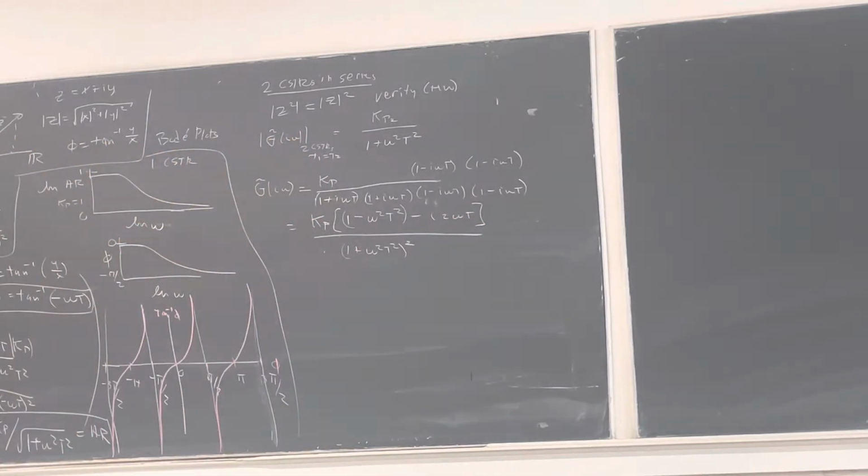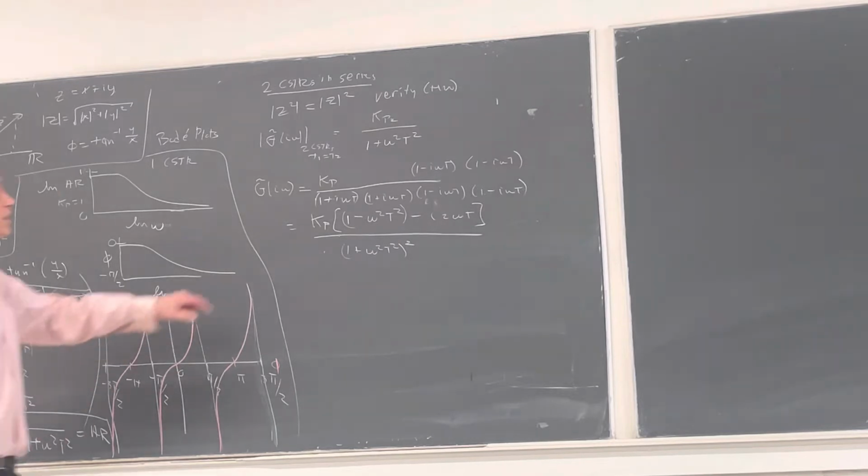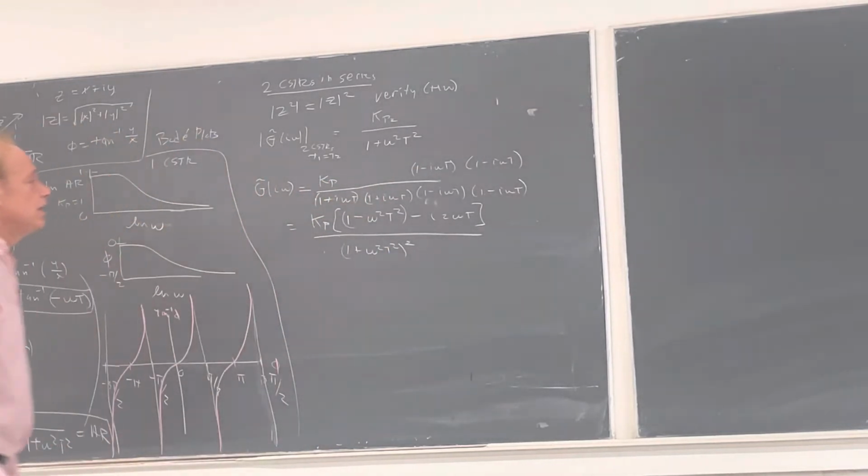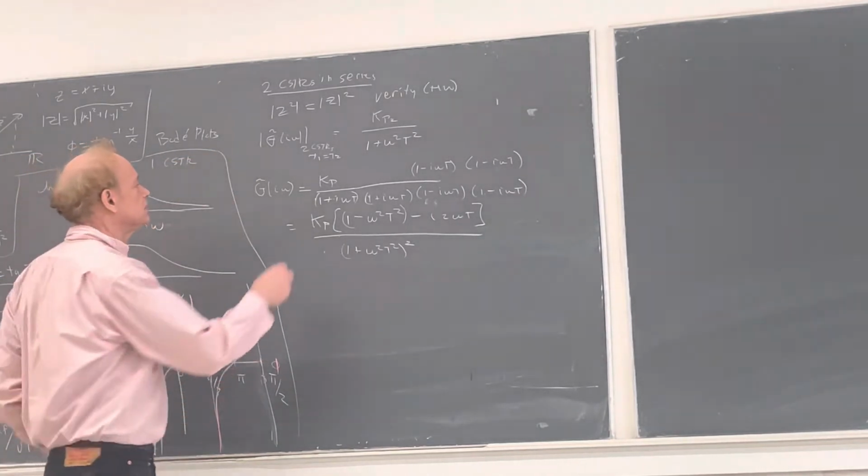So there I have g tilde. All I did was take the original value and get rid of the i's in the denominator. And now I'm going to verify that this is in fact the case.